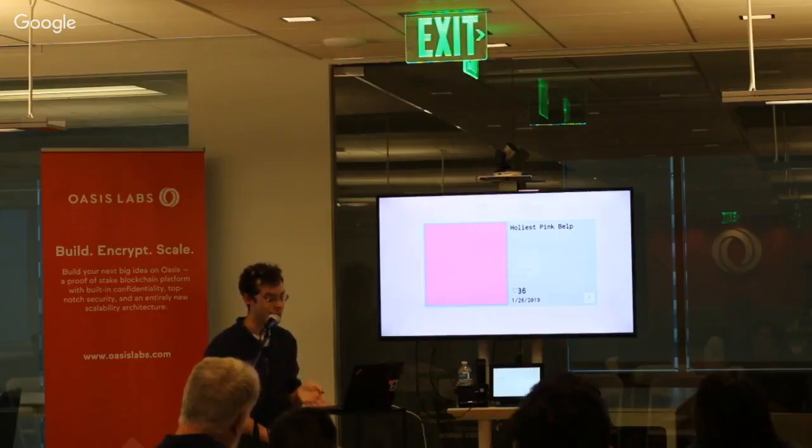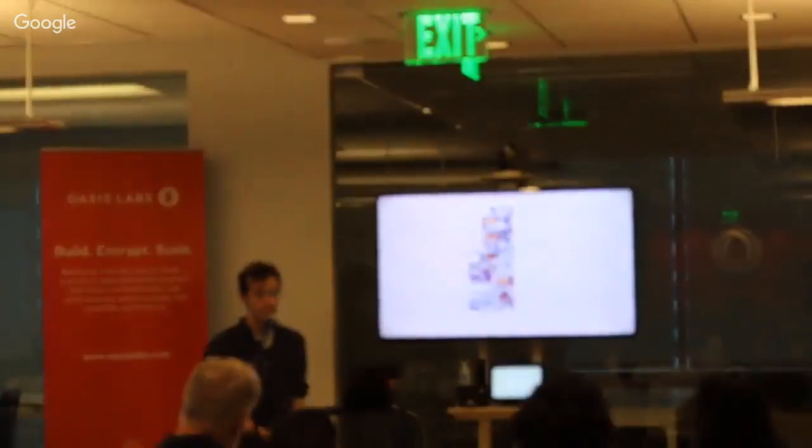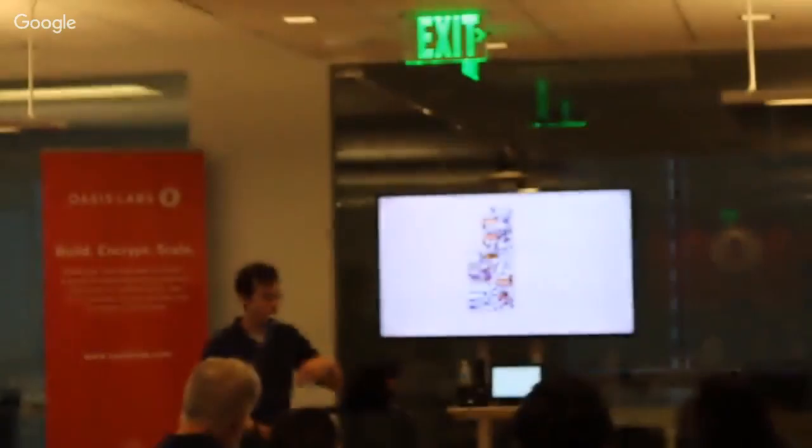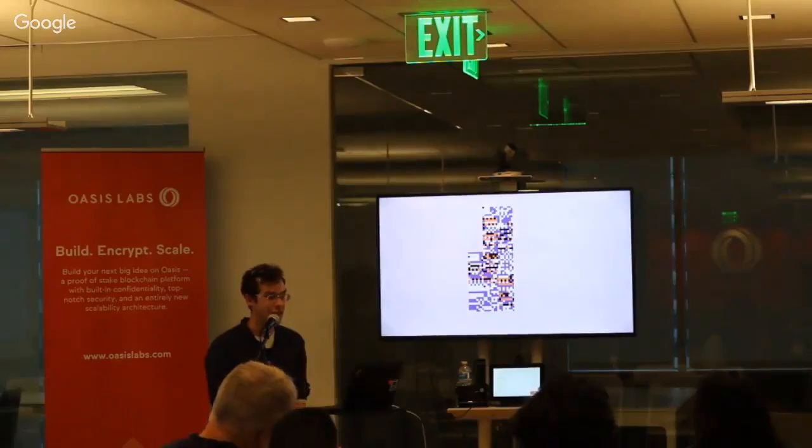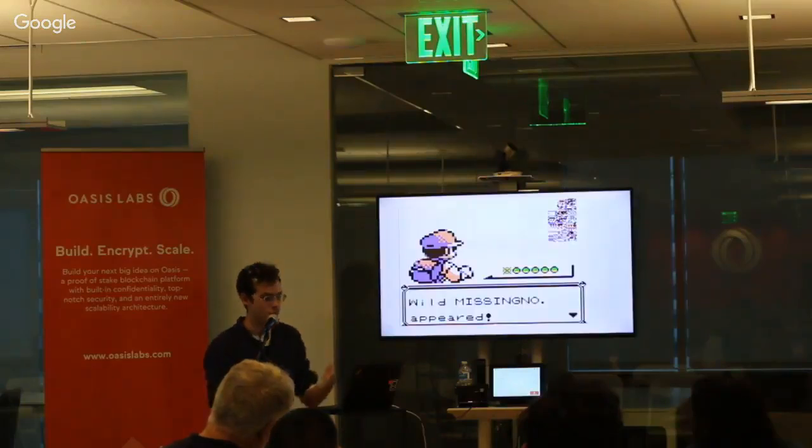Basically, the way this works is it's like MissingNo. MissingNo, if you're not aware, is a Pokemon that you can capture in any of the Pokemon games, but it's not an intended feature by the developers. Essentially, it is like an out of bounds index of a Pokemon you caught. This is MissingNo in the game.